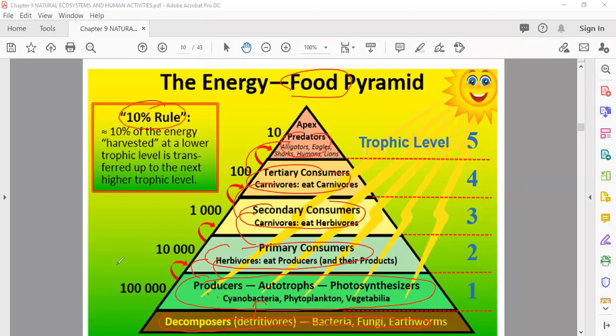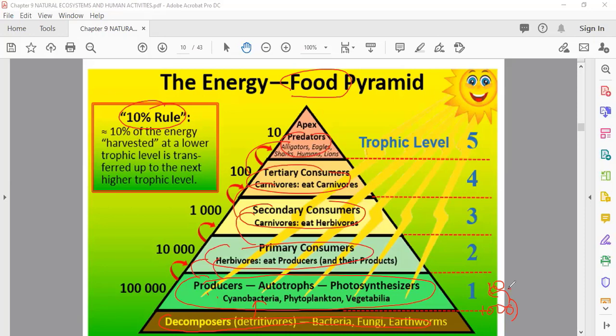For example, let's say we start with 1,000. When we start with 1,000, how much will go to the next level? It is 10% of this, so if you divide by 10, it will be 10 here.